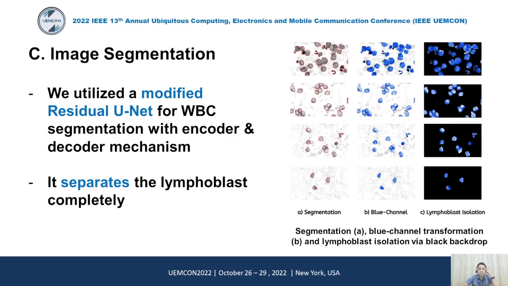For image segmentation, we utilize a modified residual unit for the white blood cell segmentation. Our modified residual unit has an encoder and decoder mechanism. As you can see in the figures, it separates the lymphoblast completely and totally isolates it, which is very helpful for a deep learning algorithm if you are only concerned with the lymphoblast.